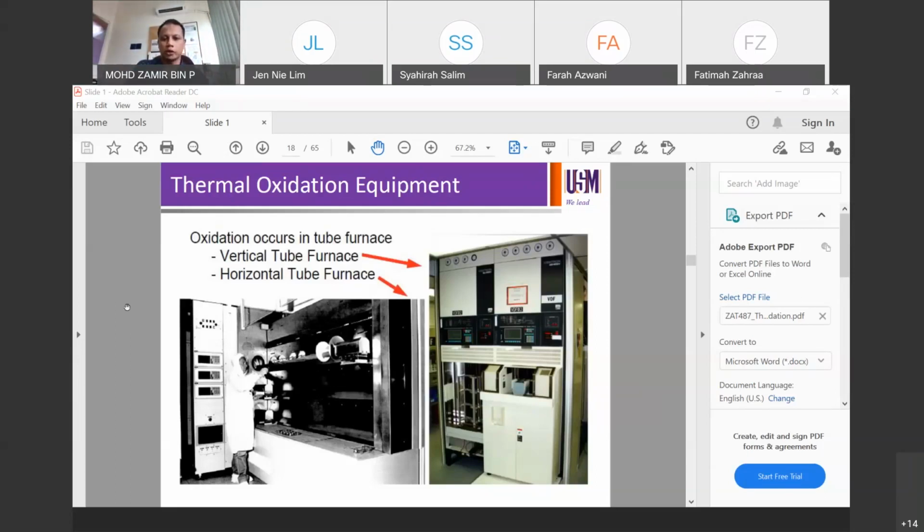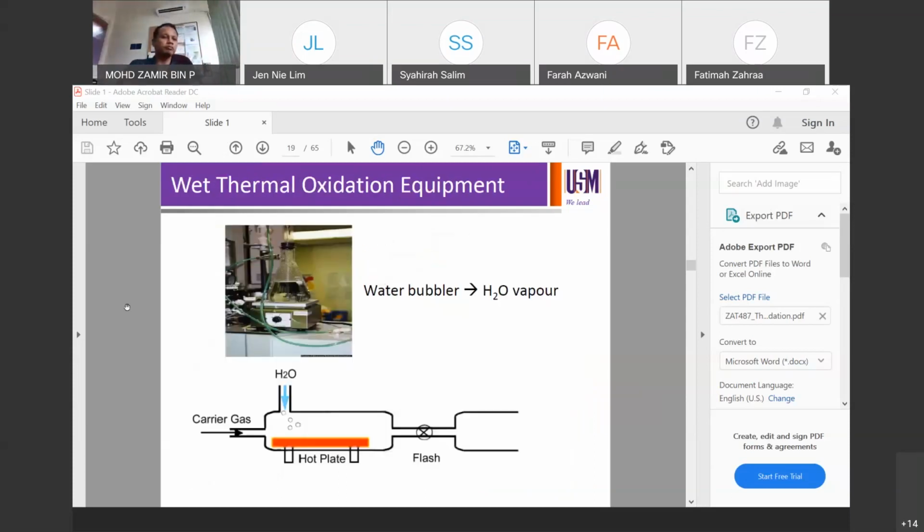So you're going to have your quartz boat to hold your wafers. So it can be horizontal tube, it can be vertical tube to run the process. If you talk about a wet thermal oxidation process, the simplest version that you can see is this. It's on the slide.